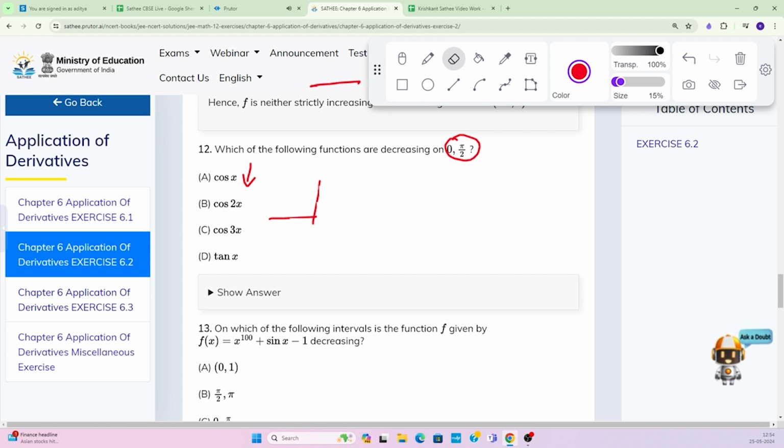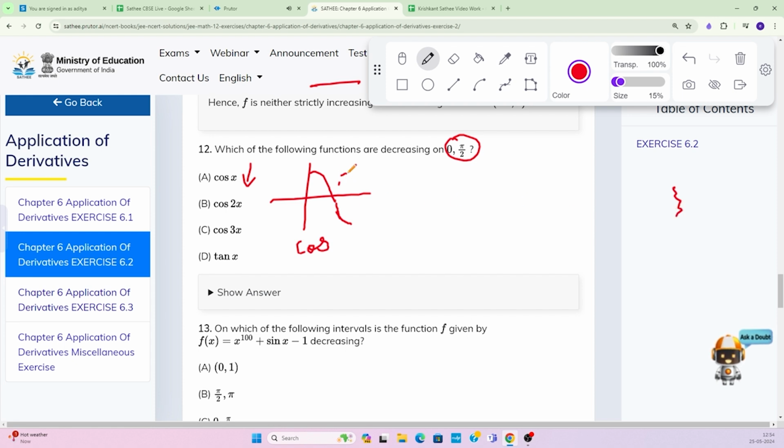So let me just graph it. Okay. So this is for the cos x graph. Clear? Cos x graph. This point is pi by 2.